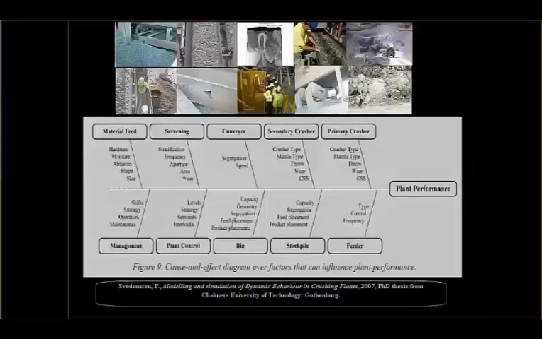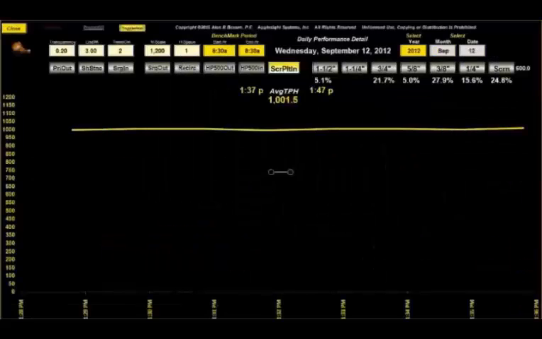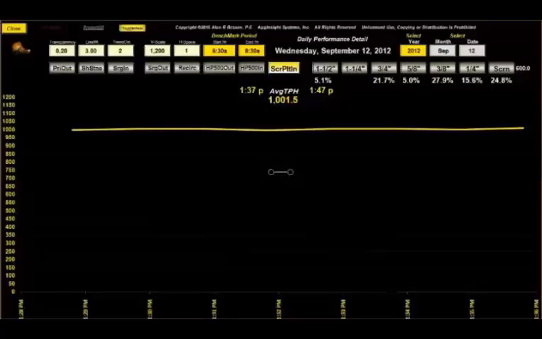The real world of aggregates production is not a steady-state process. Real-time production reporting demonstrates this fact. This flow model shows the finished production segment of a currently operating 1,000 ton per hour rated plant. This is an image from the QuarryVision real-time reporting system displaying actual production from the plant just shown in the flow model.